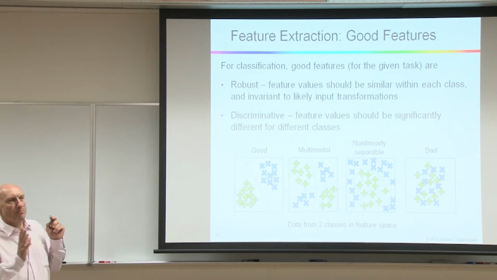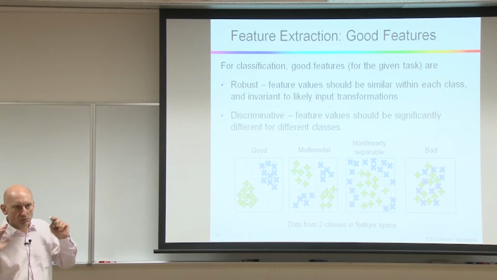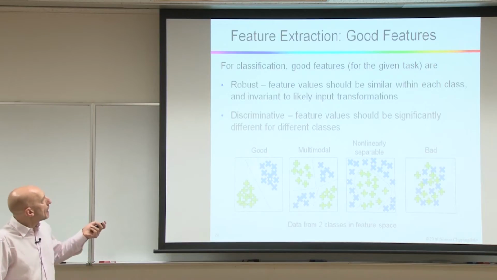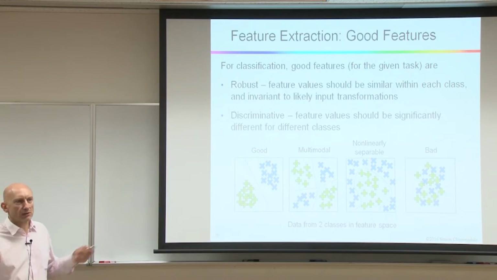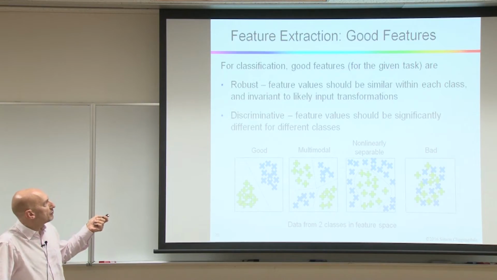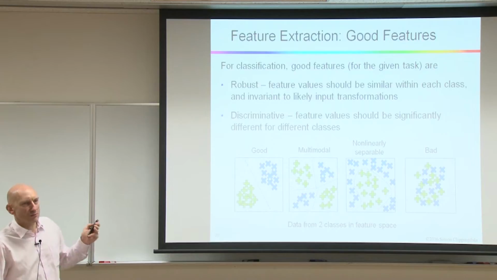So one person's face at various angles or various illumination or whatever should ideally not look too different, and should be invariant to likely input transformations, which would include things like rotations, lighting changes or whatever. They should also be discriminative. That's to say that different people's faces should not give features that are very close together.